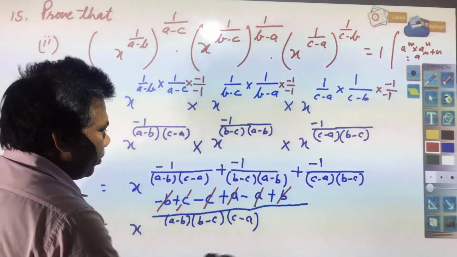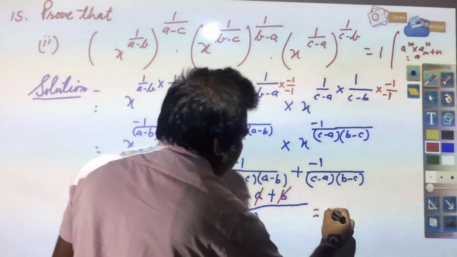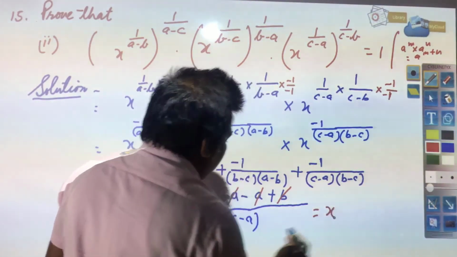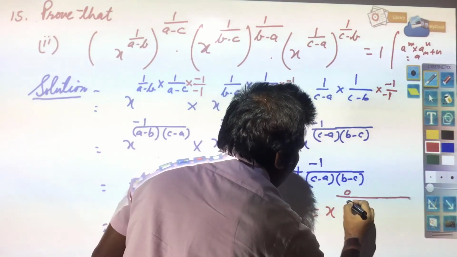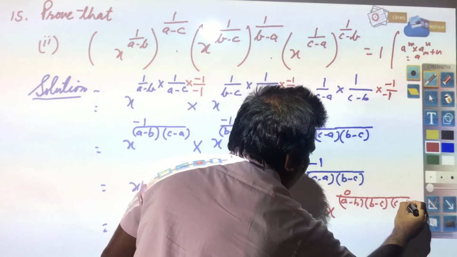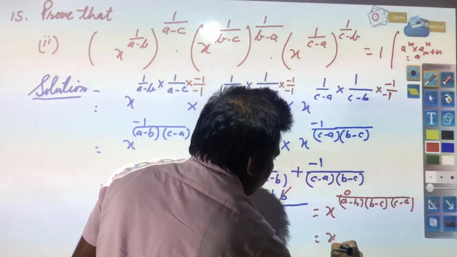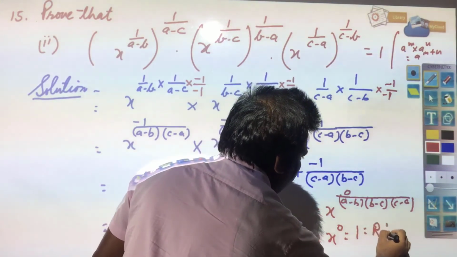So, what you have left? You are left with x to the power 0 by this term, 0 by (a minus b)(b minus c)(c minus a). It means x to the power 0, and that is equal to 1, and that you had to prove, RHS.